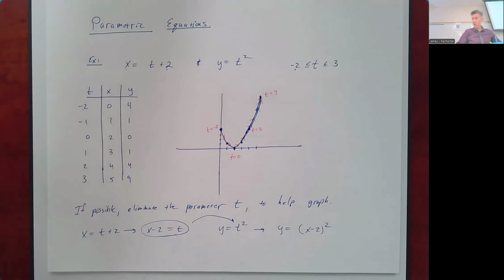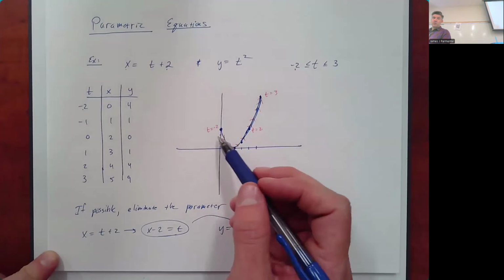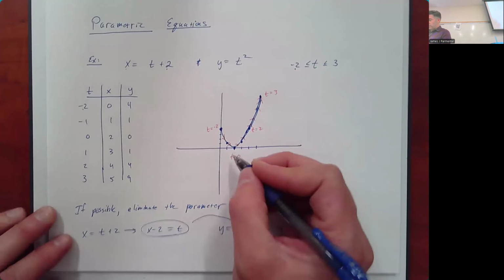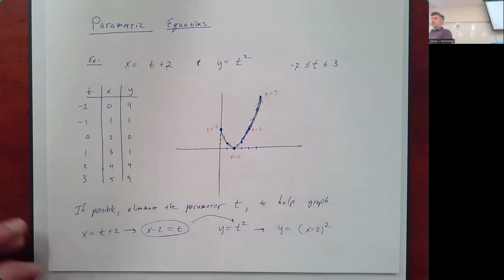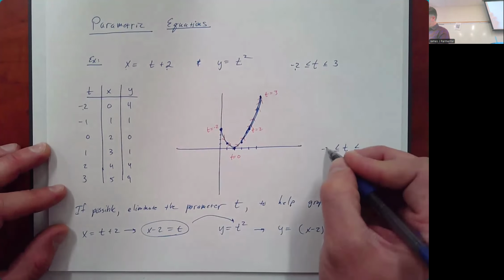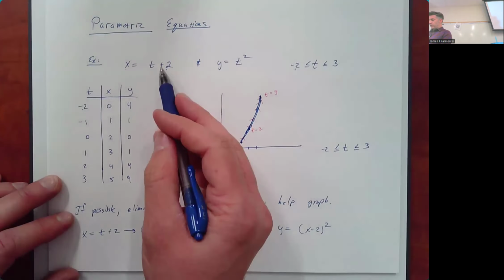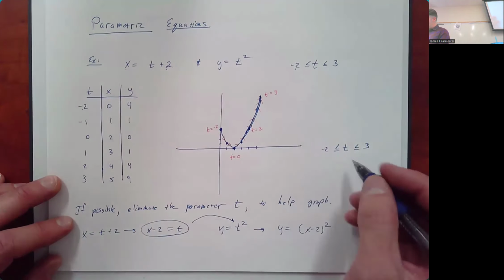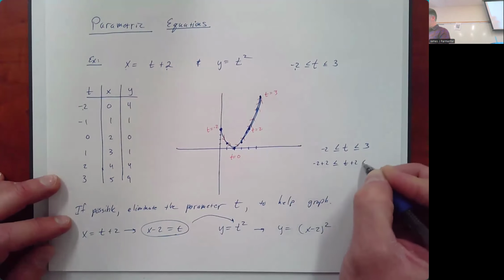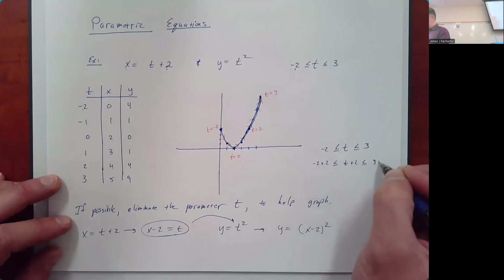Cool. Okay, safe. So this parabola certainly looks like your parabola y equals (x minus 2) squared. It's your usual y equals x squared shifted 2 to the right, which is exactly where we ended up. We do have limits or bounds on what x can be. So if t is between -2 and 3, then t plus 2, which is what x is equal to, well, if I add 2 to everything, -2 plus 2 is less than or equal to t plus 2 is less than or equal to 3 plus 2.